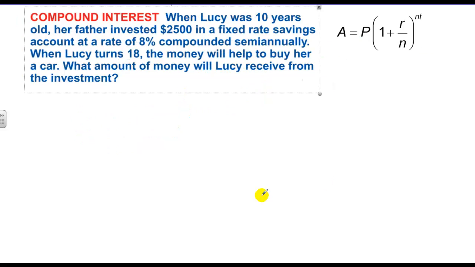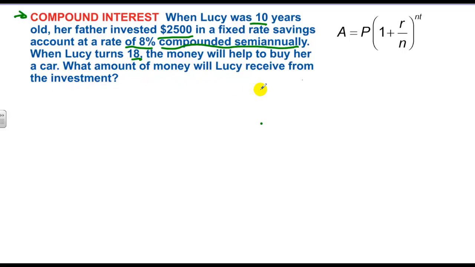So we notice when Lucy was 10, her father invests $2,500 at a rate of 8%. Here's the kicker. It's compounded semi-annually. So we know that this is compound interest, not only because it's in the problem, but because we labeled it that way. And when she turns 18, the money's going to help her buy a car.